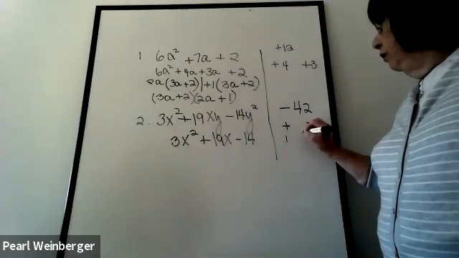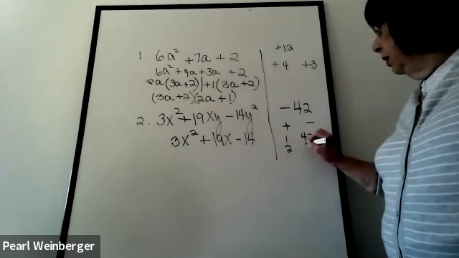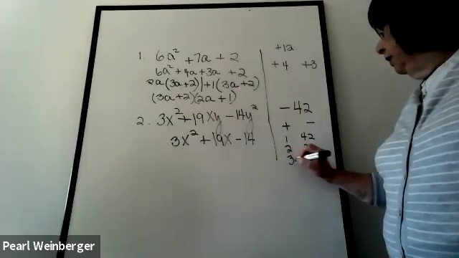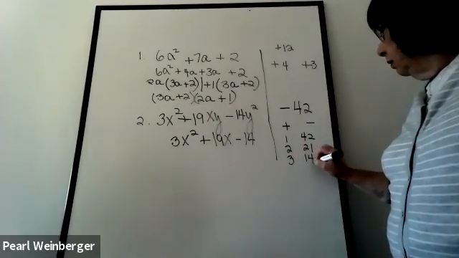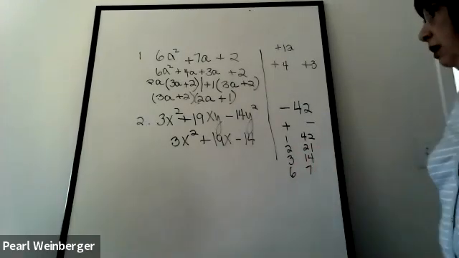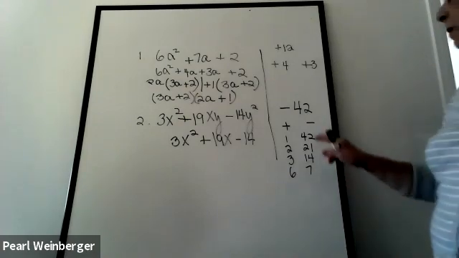Well, there's 1 and 42. There's 2 and 21. There's 3 and 14. There's 6 and 7. I think that pretty much takes care of all the possibilities. There might be others, but this is what I can think of.